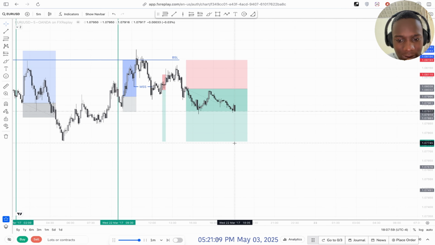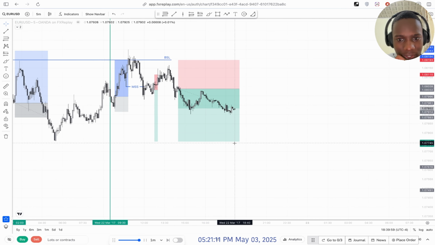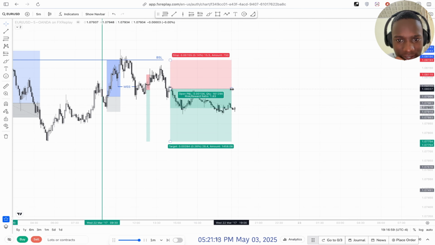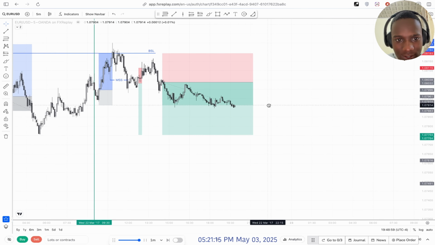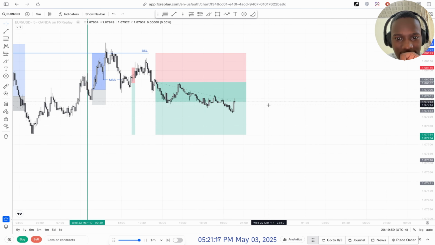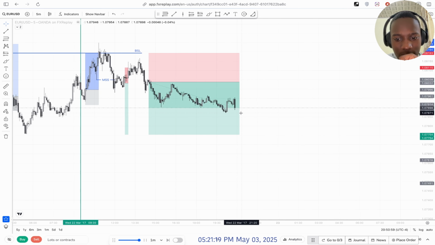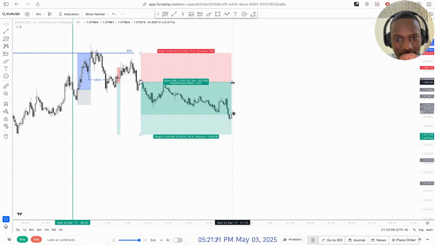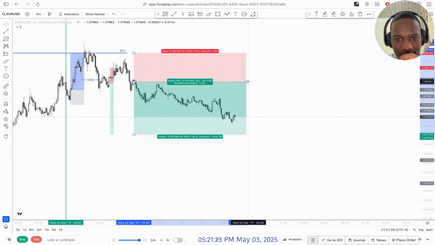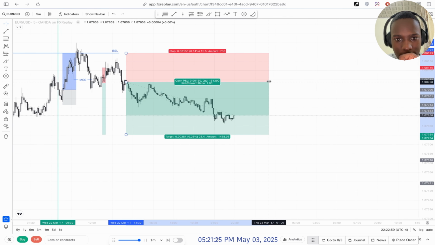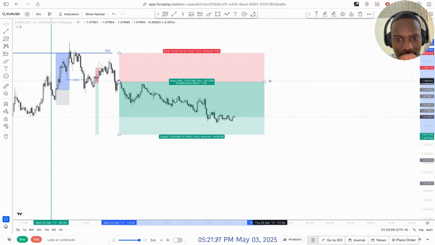Now it's taking long because the London session has ended, the New York session has ended, and it doesn't want to drop to that level, but in the end we can see it's about to reach there. Trade took longer than expected.